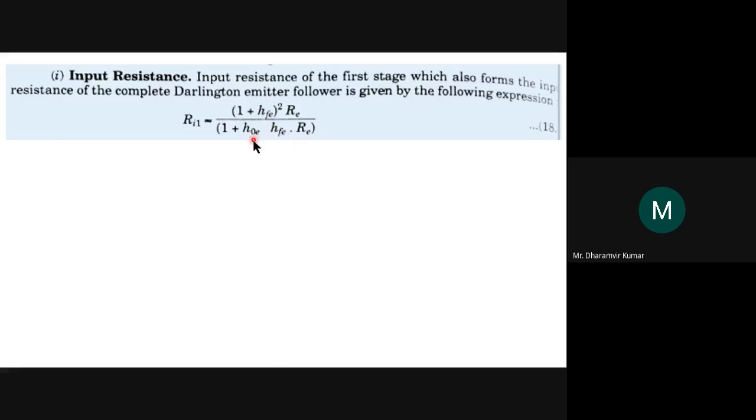So this term becomes 10 to the power minus 4, and whatever Re value is there will be multiplied with it, and depending on that, either it becomes a significant value or a negligible value. So that will decide whether to keep this term or not with respect to 1 here.